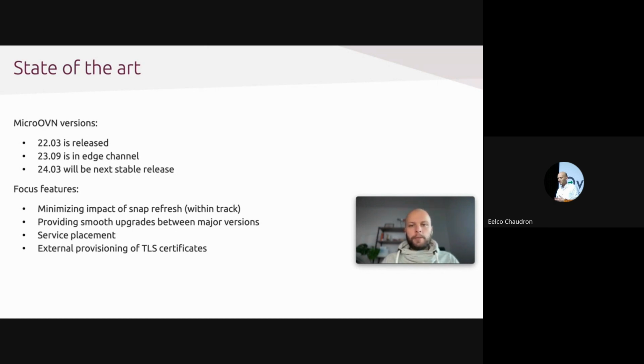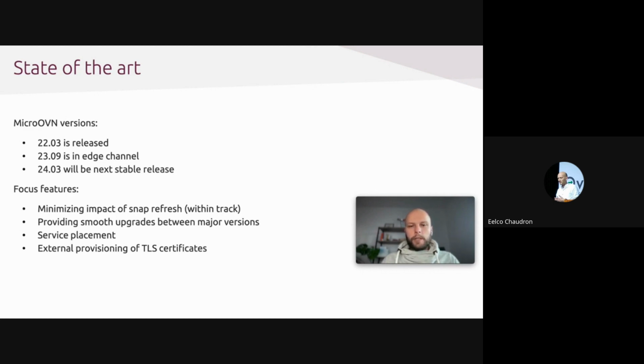As for the upcoming features, at the moment we are focusing on minimizing impact of snap refreshes on control and data plane. Next, we will be providing a smooth upgrade story for existing MicroOVN deployments to upgrade to the next major OVN version. This is something that will be a manual operation, as MicroOVN will not attempt to upgrade to the next major version automatically.